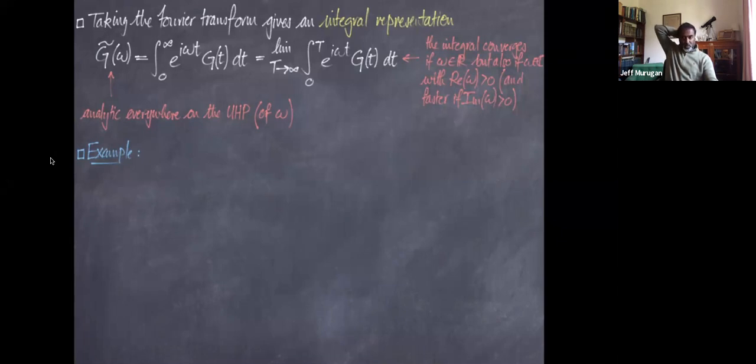In this case, I actually want to consider a variant of the harmonic oscillator, which is the damped harmonic oscillator. The damped harmonic oscillator is just like the harmonic oscillator, except that as well as an x double dot term, there's an x dot term, which is the damping term, which takes away energy from the oscillator.